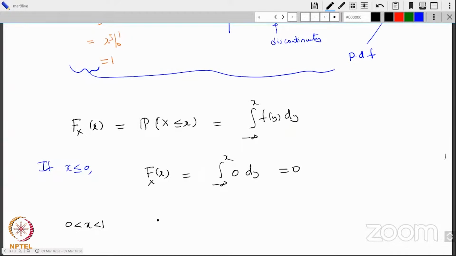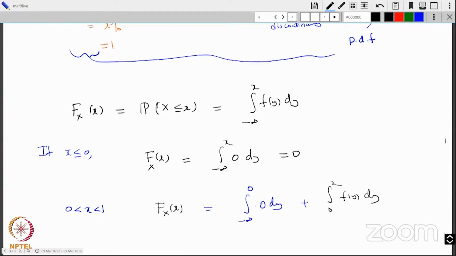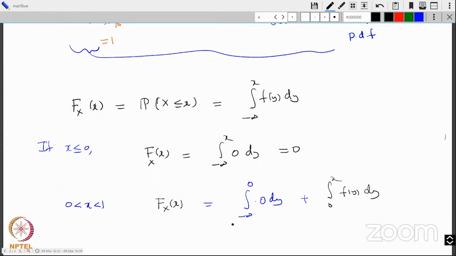And then if x is between 0 and 1, what will happen now? This is another case, so it's case 2, let's say. F sub X of x is the integral from minus infinity to 0 of 0 dy. That part stays. Then plus what I have extra here, the integral from 0 to x of f of y dy, where now since x is between 0 and 1, the density is positive.